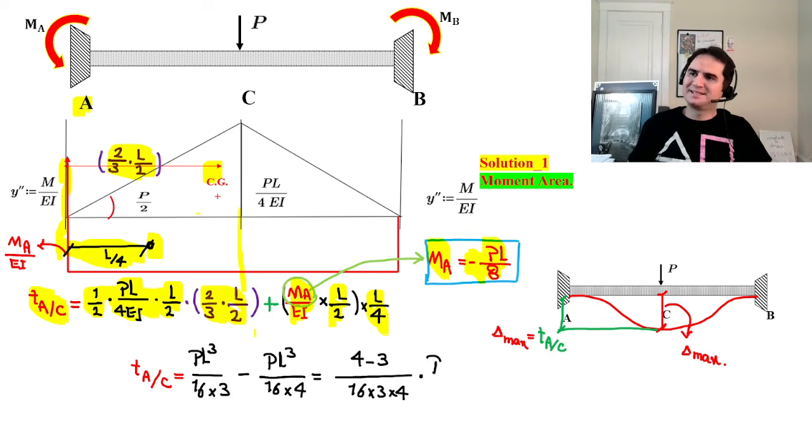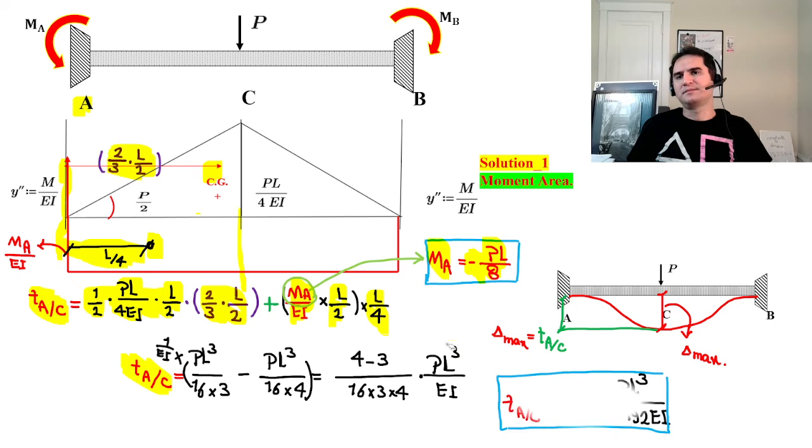If you do the math, it gives you TA with respect to C, which is delta maximum, equal to PL cubed over 192 EI.